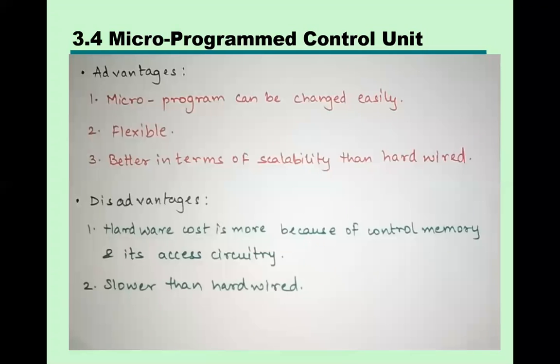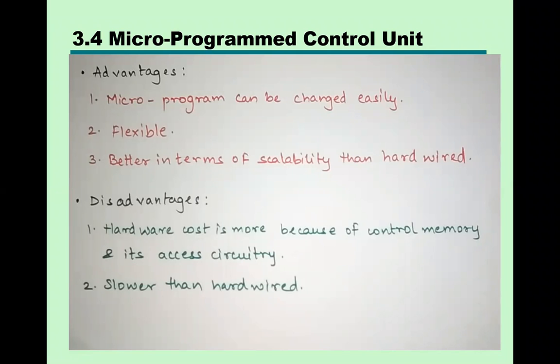Flexible, like suppose we consider one example. Suppose you are adding two numbers and displaying those numbers. This is the instruction, and for this instruction you have encoded a control signal, right? Now suppose you are developing a calculator.